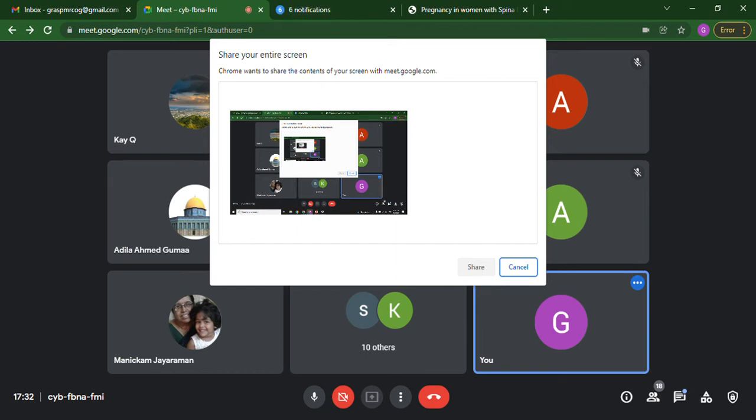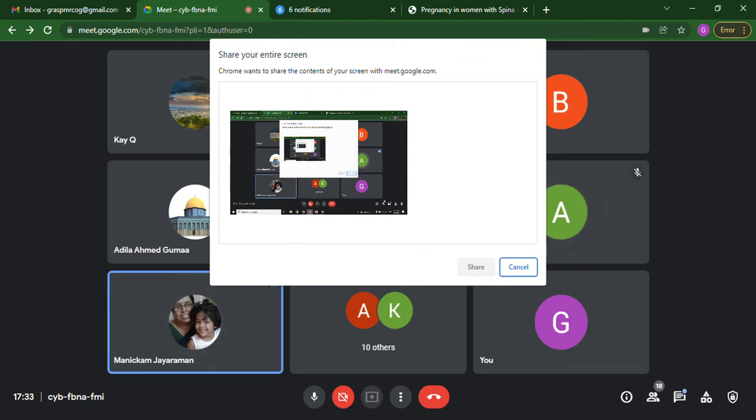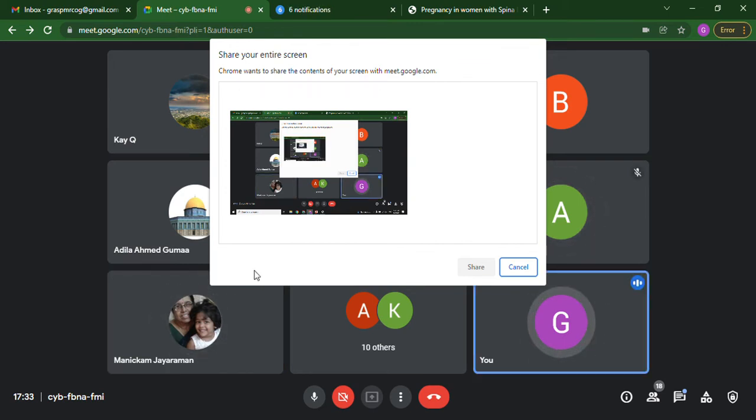I don't know what the problem is. You can't see my screen now? No. Okay, maybe I have to reload again. That's not good. I'll try again. Sorry.